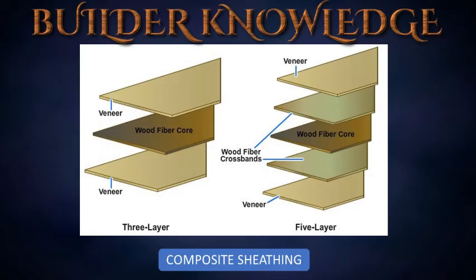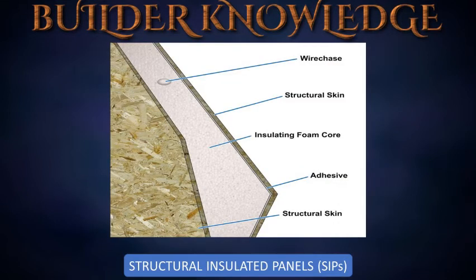Composite sheathing. Veneer faces bonded to a wood fiber core such as OSB. Structural insulated panels, SIPs, have a thick layer of rigid foam insulation pressed between two panels of plywood or OSB, usually used for exposed beam roofs, but can be used for other type roofs.